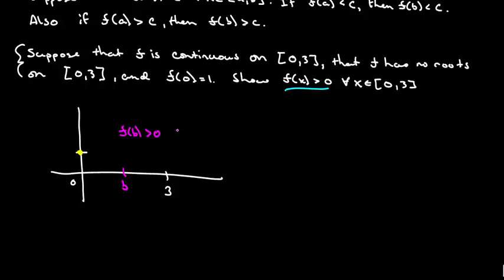If we show that for all B on the interval from 0 to 3, then that implies that f of x is greater than 0 for all x in 0 to 3.